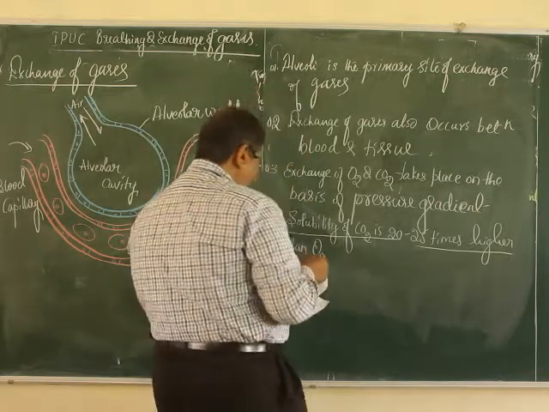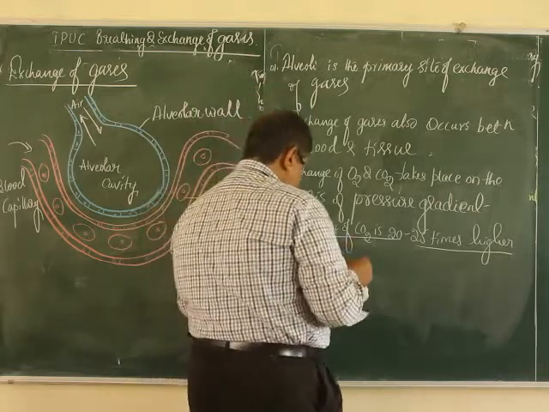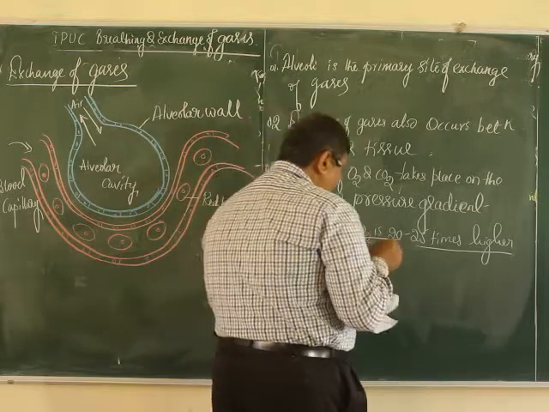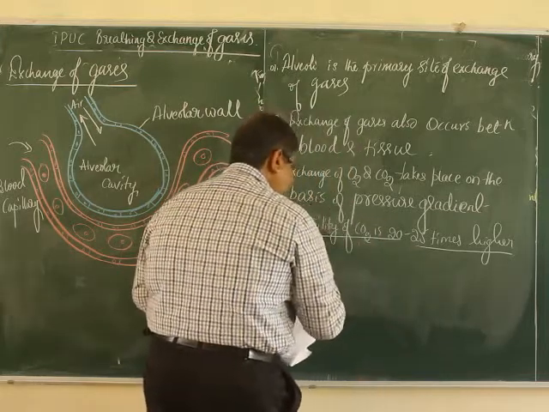So the amount of carbon dioxide diffused through the diffusion membrane will be higher than that of oxygen.